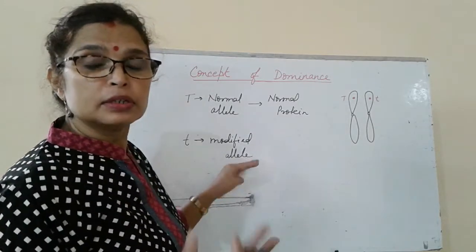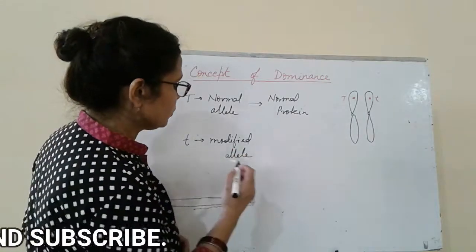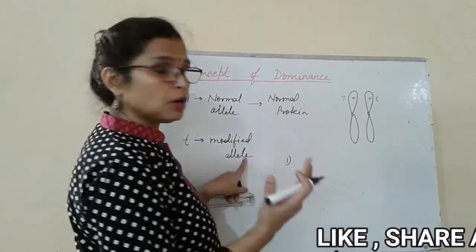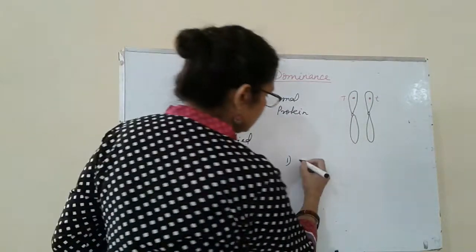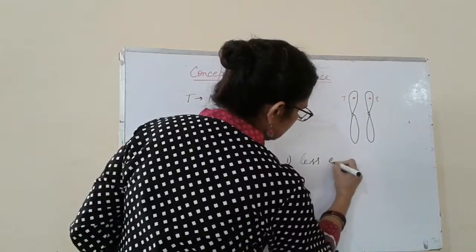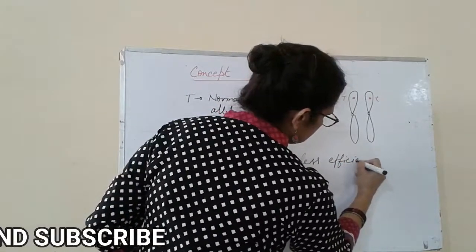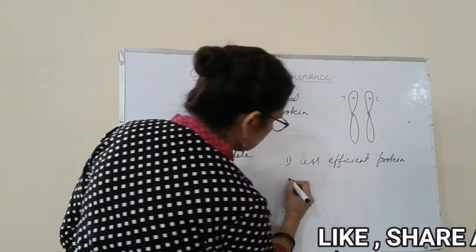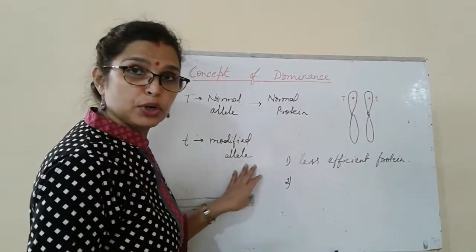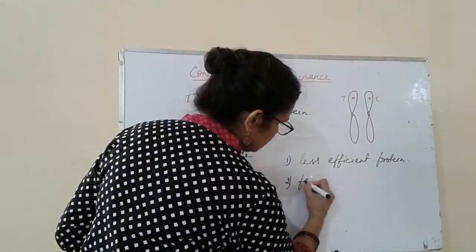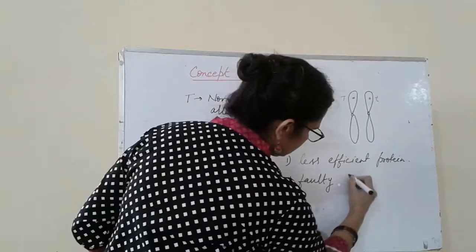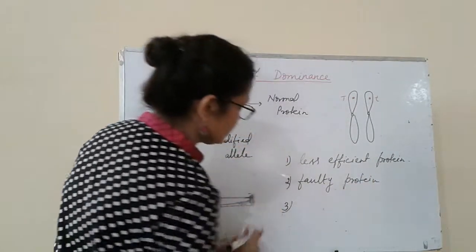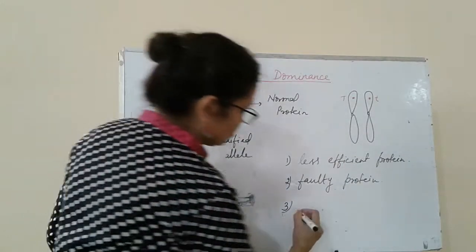So there can be three types of situations. First, it can produce less amount of protein or less efficient protein. Second, it can produce faulty protein, and third case, no protein is formed.